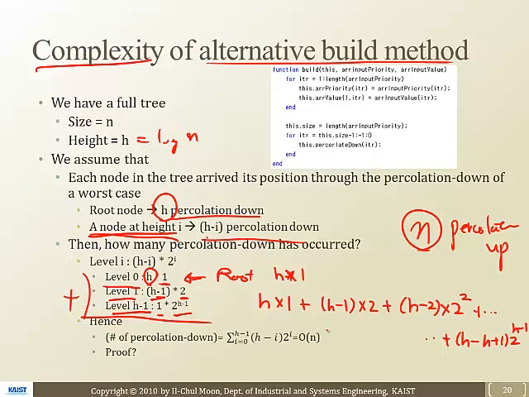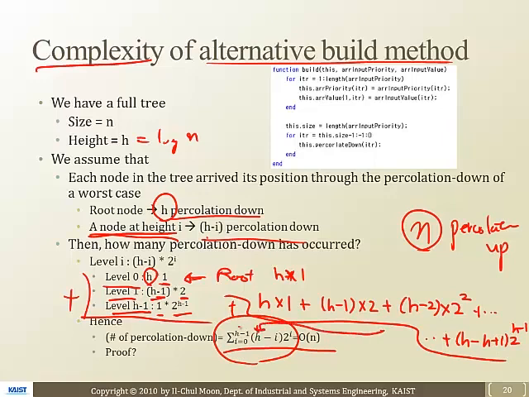And if you add up all these things, then it will look like this. You can understand with this summation that this is right.